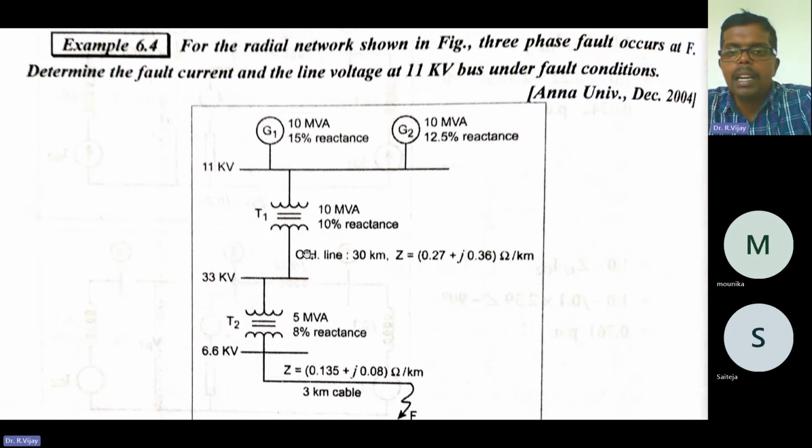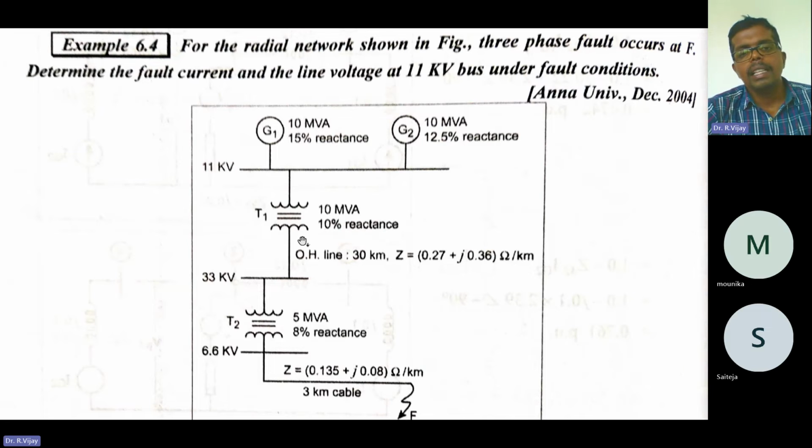Say, for example, the length of that overhead line is 30 kilometers. The impedance is 0.27 plus J into 0.36 ohm per kilometer. That is Z is equal to R plus J into X, so together it is an impedance in ohm per kilometer.